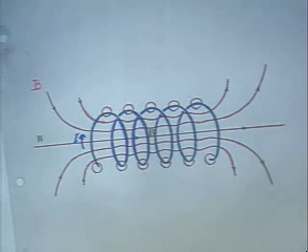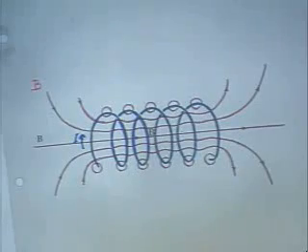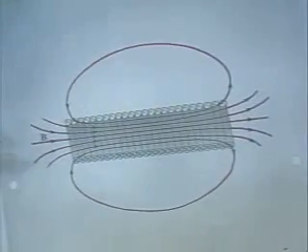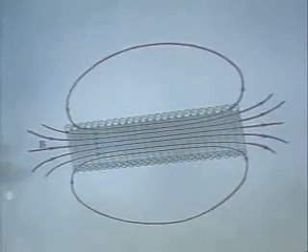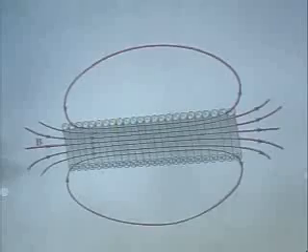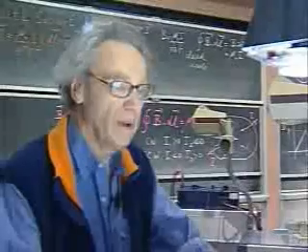And when you look here, you see that the magnetic field is approximately constant inside, and outside these current loops, outside the solenoid, we call them solenoids, the magnetic field is extremely low. And if you start winding these loops very tightly, then you get a configuration that looks like this. You get an almost perfect constant magnetic field inside the solenoid, and the magnetic field outside the solenoid is extremely weak.